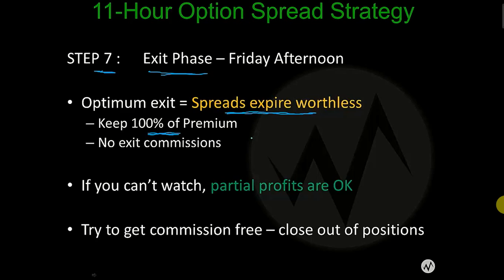Okay? An example is, if my max profit is $300, and say by Friday noon my current profit is $250, so I'm waiting on that last 50.